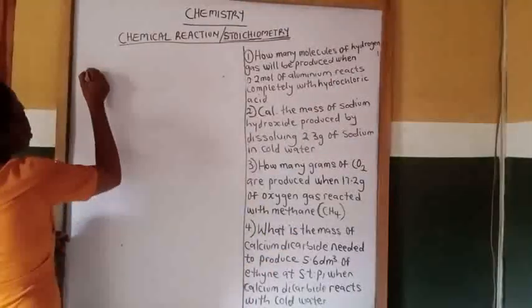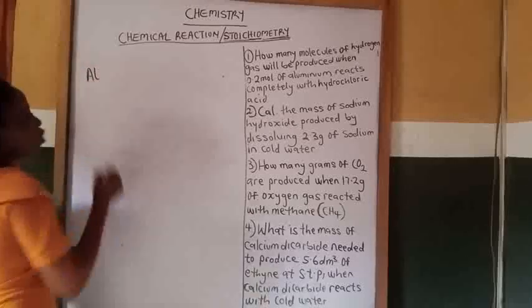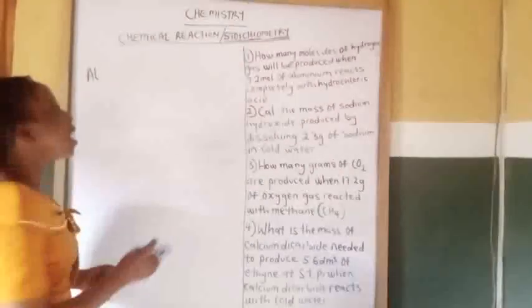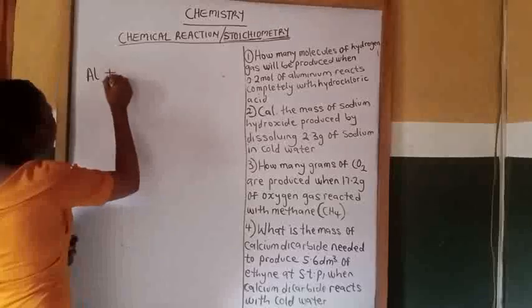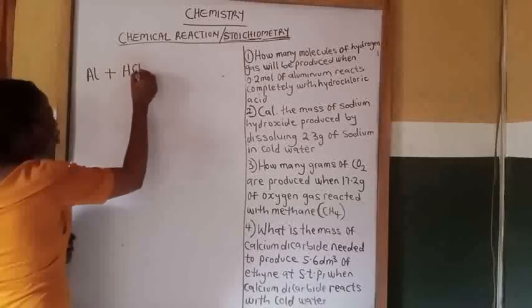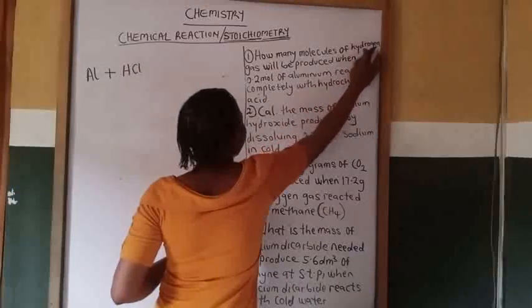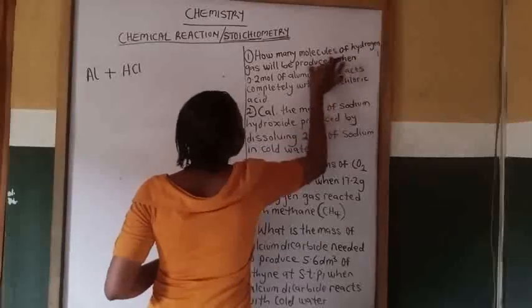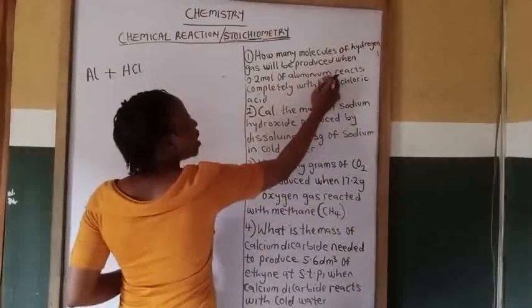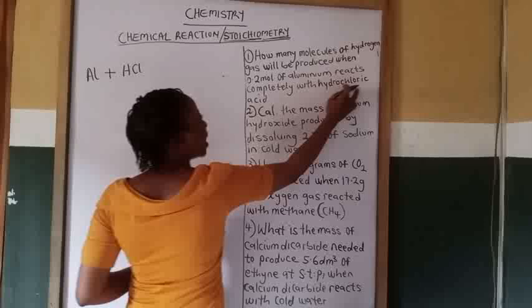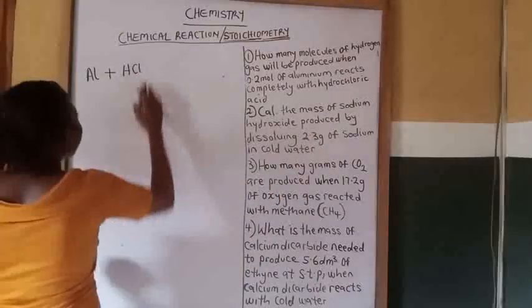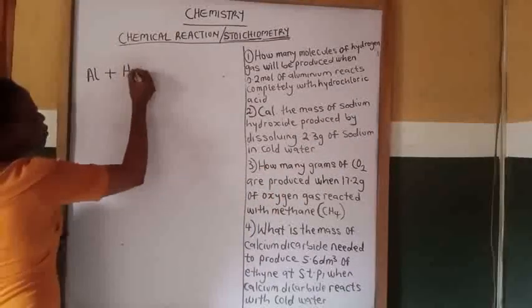So aluminium will react. The symbol for aluminium is Al. Aluminium will react with hydrochloric acid to get hydrogen gas. So what will be our product? Let's form our product.